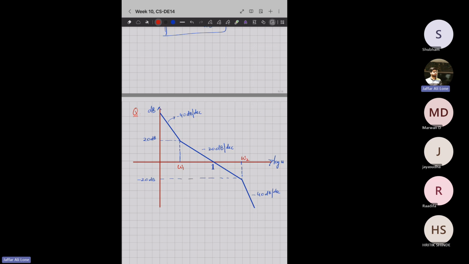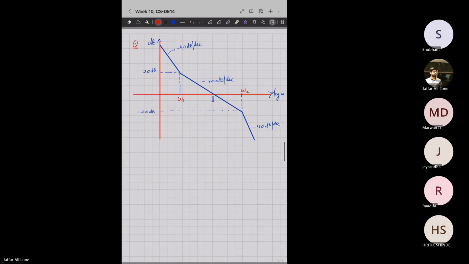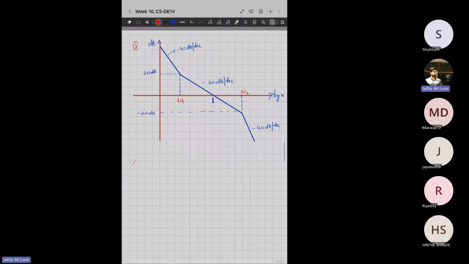Everybody solve it. I'll wait 2 minutes. Or if anybody has an idea how to solve this question, he or she can unmute and speak.